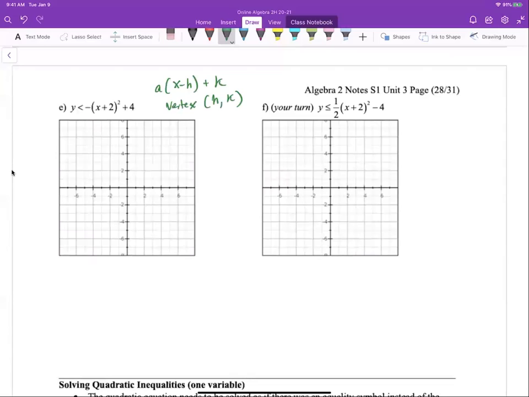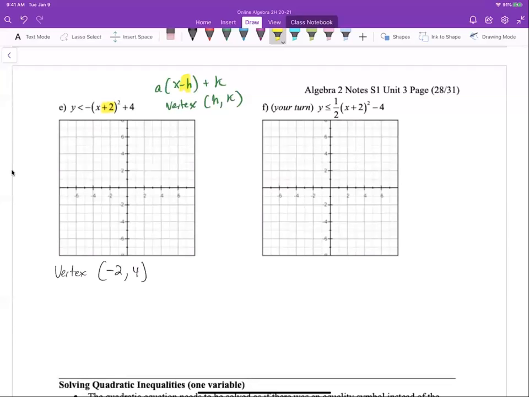So in this situation, we can see quickly that the coordinates of the vertex is -2, 4. Pay attention to this. Notice the form has minus h. So if you have plus 2, you'd have to have a -2. So h is -2.